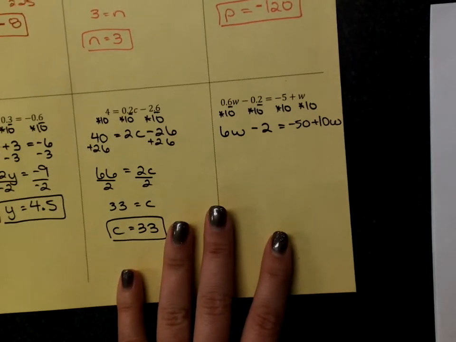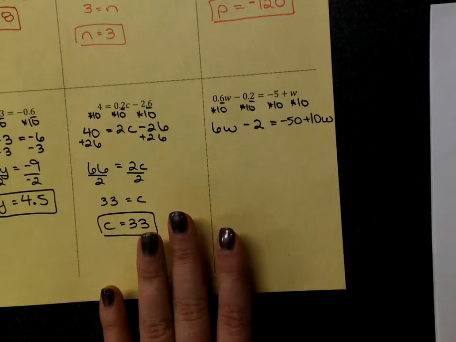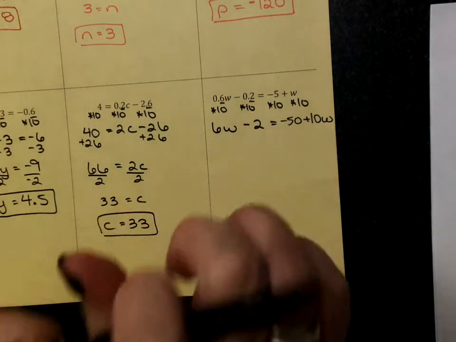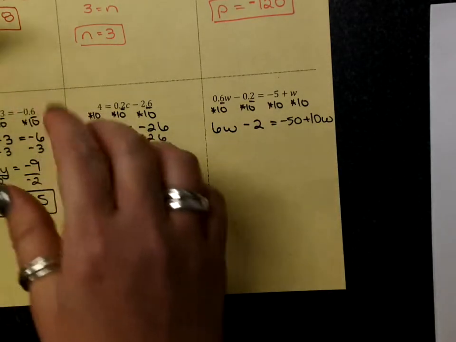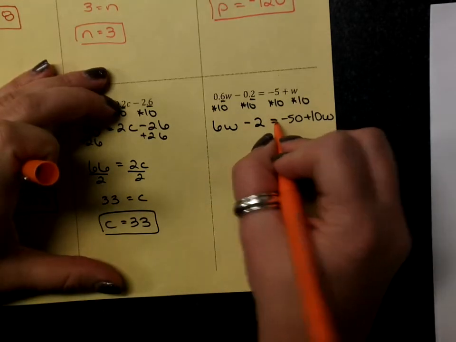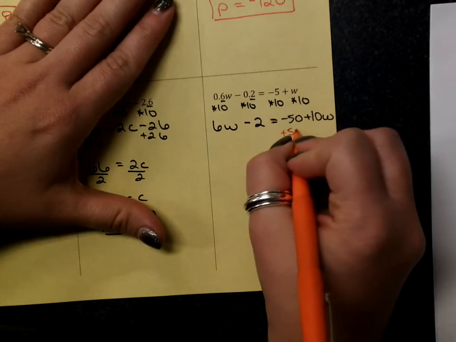So that works out to 6w minus 2 equals negative 50 plus 10w. Now it's up to you where you want to move things around. And it really, again, it's up to you when we've got constants and variables. It's up to you what to move first. My first move is to add 50 to both sides.